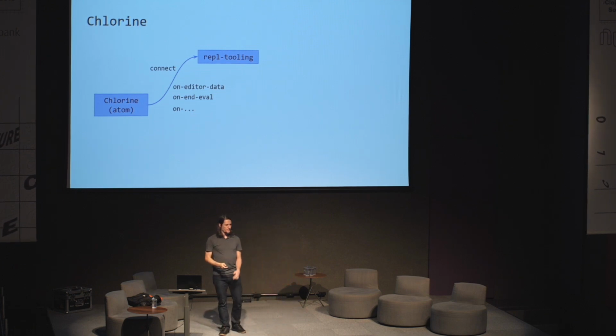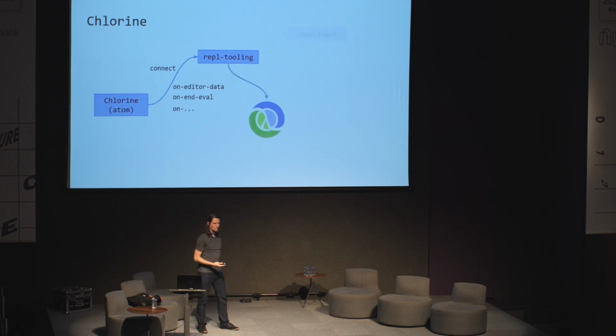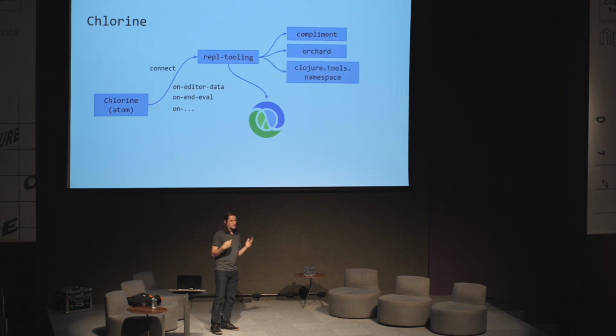The REPL Tooling will do all the connection to a Clojure socket, and will call this on editor data, on end eval, when some command has run. What the REPL Tooling will return to this call of connect is a list of commands that it supports. And then Chlorine can just, I don't know, call this evaluate block.